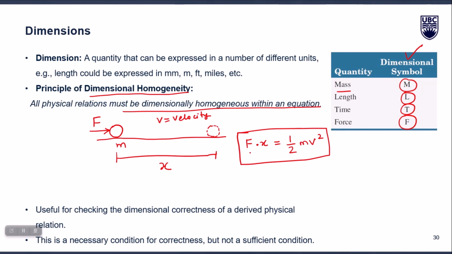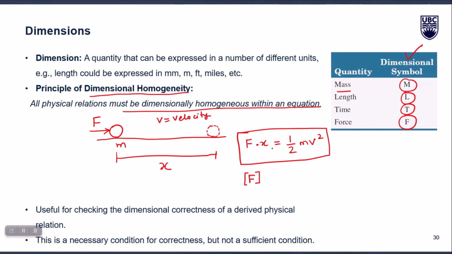Force obviously will have a dimensional symbol F. So let me just write F. Generally, these dimensional symbols are written in square brackets, right? But please note that these are symbols written in square brackets. They are not matrices, right?